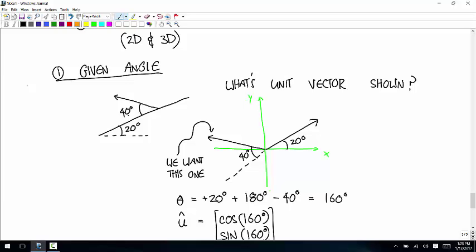And we know it's 40 degrees from a vector pointing the opposite way to this. So I went 20 degrees to get a vector pointing there, then 180 to get the opposite vector, and then backtracked 40 to get to this vector. It's always 180 between a vector and its opposite. That's right.